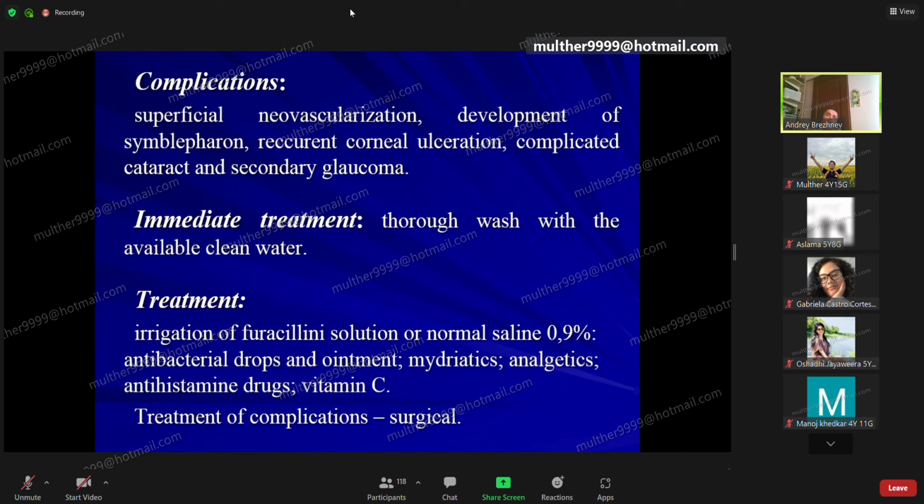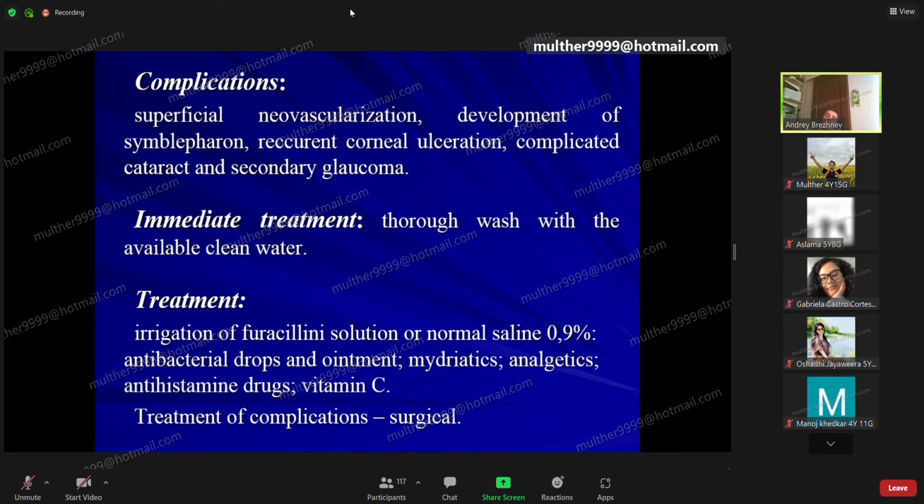Immediate treatment includes washing with available clean water to remove this chemical substance, and treatment includes irrigation of antiseptic solution like furacilin, or normal saline solution 0.9 percent, antibacterial drops and ointment, mydriatics, analgesics, antihistamine drugs, vitamin C like an antioxidant.